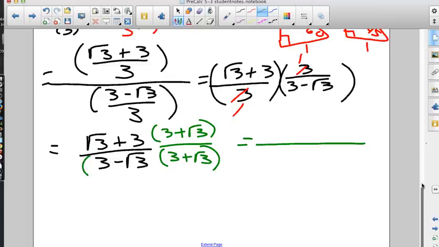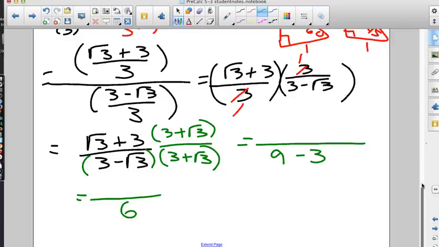So our real focus is on, hey, the denominator is not going to have a radical anymore. So let's go ahead and multiply first times first, which is 9. But outside times outside and inside times inside are going to cancel out. Last times last will be a negative square root of 3 squared, which is minus 3. So that did exactly what we wanted to do. We got 6. You might as well check that first to make sure there's not going to be any radical in the denominator.